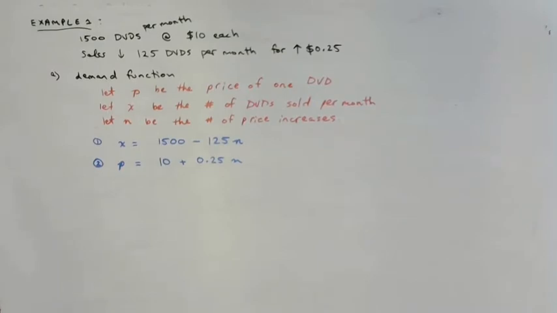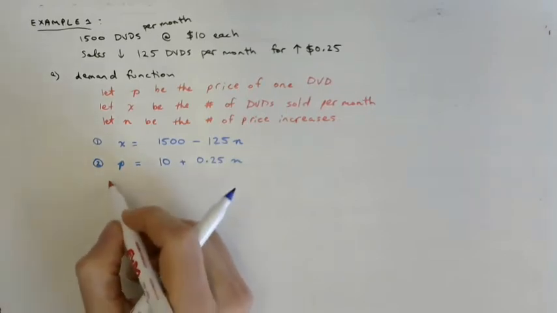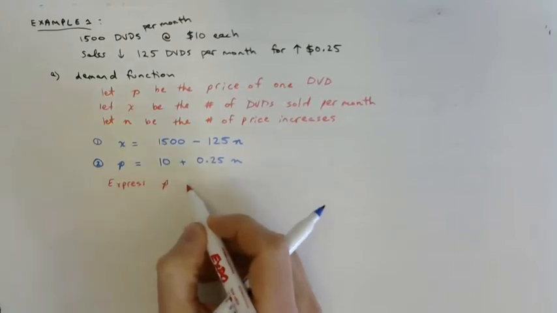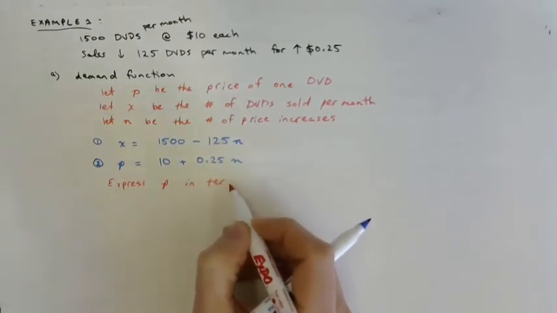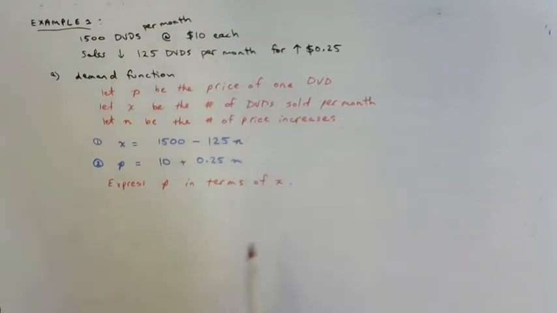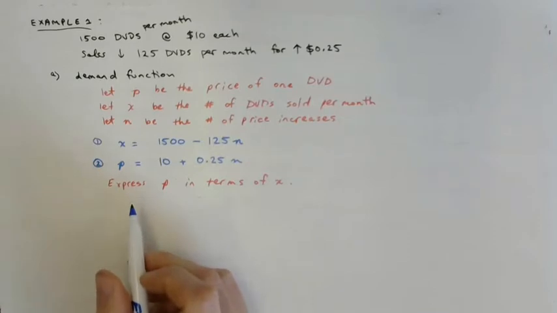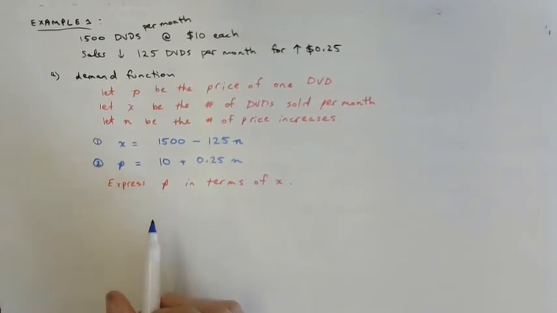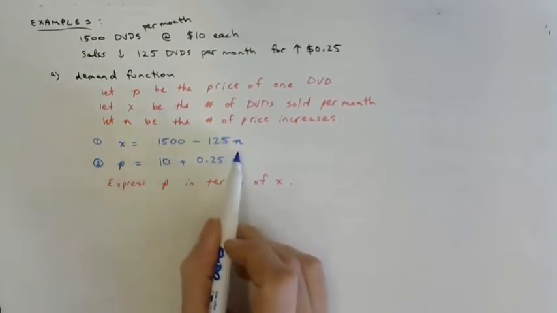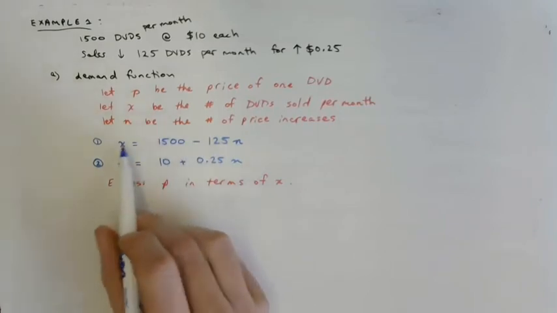And now we want to express p in terms of x so that we get a statement for p of x. Well, in order to do that, we need to take our first equation and express n in terms of x.